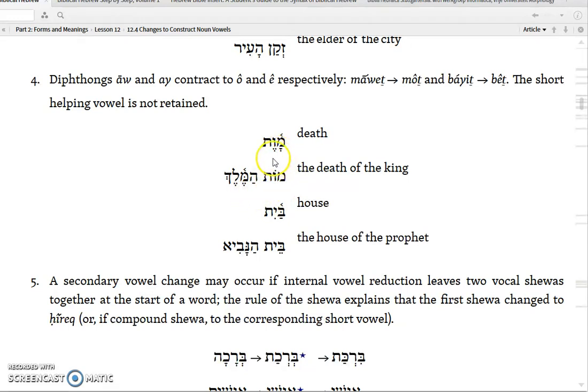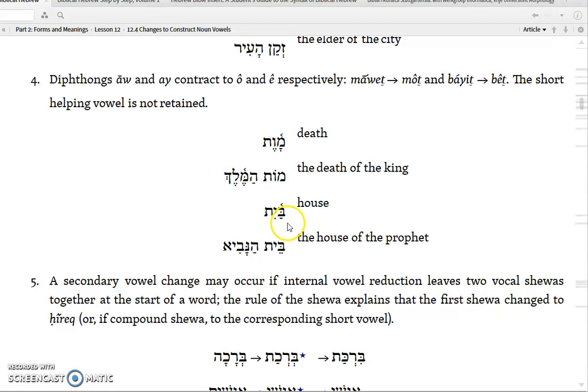That AW combination is unstable, and in the construct, the accent shifts downstream, thus making this kamatz propretonic, and it makes the whole thing unstable. And when the accent shifts, it contracts down to an O vowel.